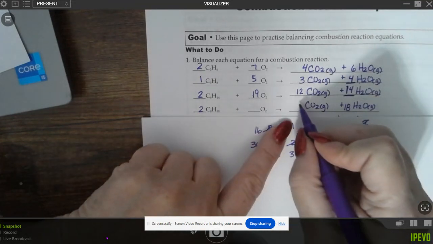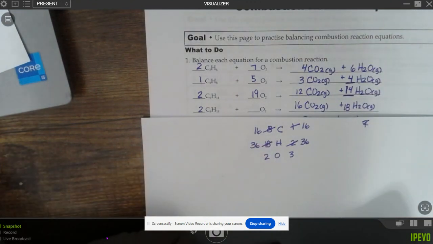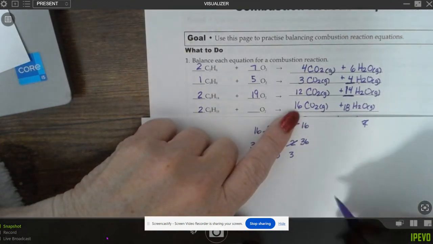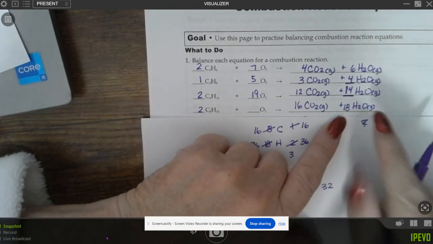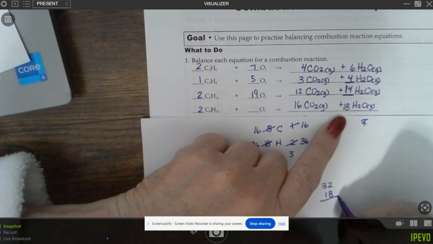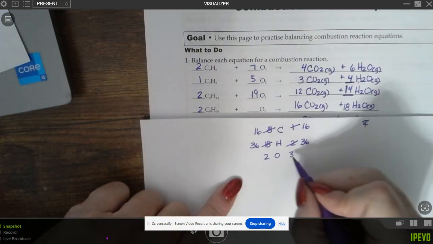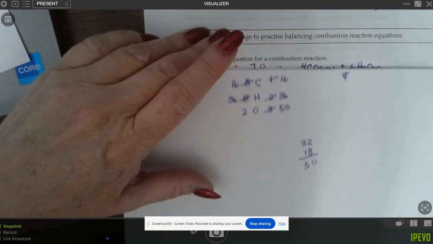So over here, I need 16 carbon dioxide. Okay. So let's add up my oxygen. 16 times 2 is 32, right? And then we have 18 oxygen here for a total of 50 oxygen.